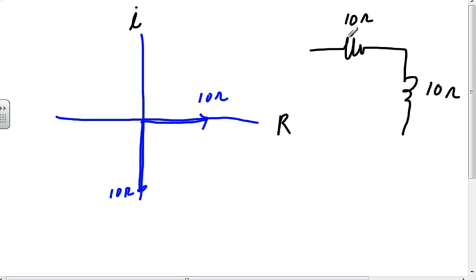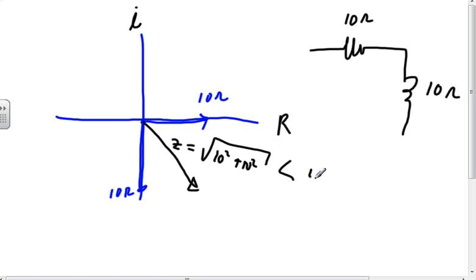And when I add them together, I'm going to have a resistance and an impedance. So this is going to be impedance now. Square root of 10 squared plus 10 squared is going to be the magnitude, and the angle is going to be 45 degrees.